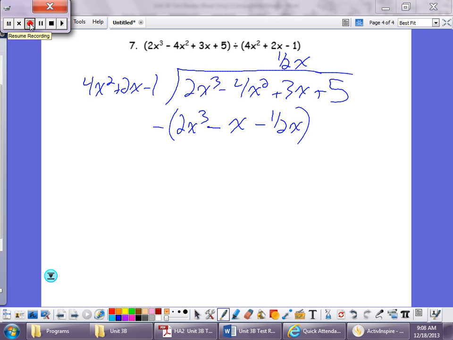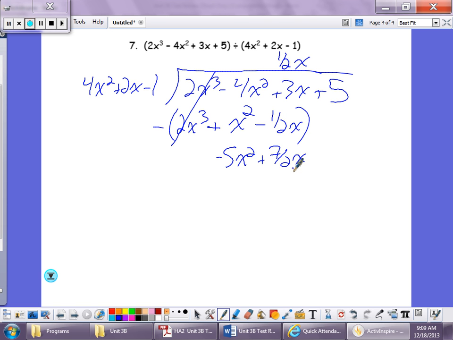Yeah, this should be x squared, sorry. Plus. So now we just carry out the subtraction. These are going to cancel. Negative 4 minus 1 is negative 5x squared. 3 is 6 halves, so 6 halves plus 1 half is plus 7 halves x plus 5.